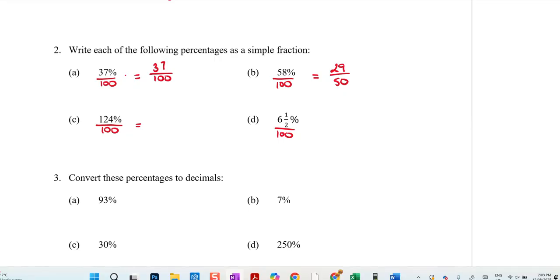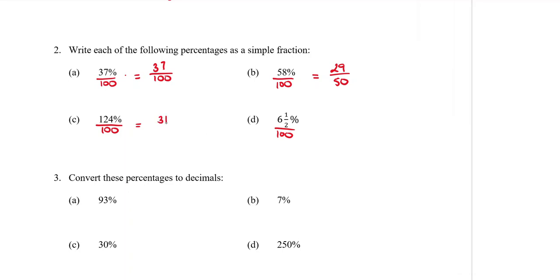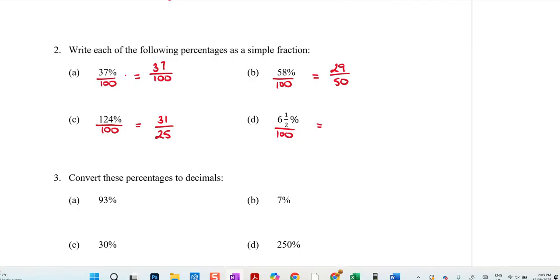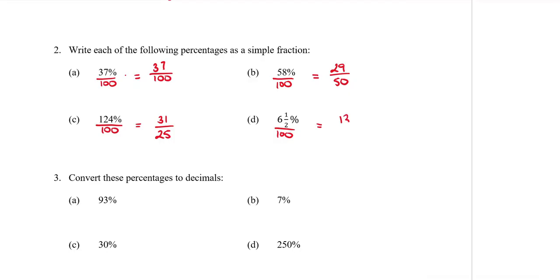In question C, typing in 124/100, that's going to simplify to be 31/25. And for D, you can use the mixed numeral button to do the 6 and 1/2, and then we want to put that over 100. So it's 13/200.